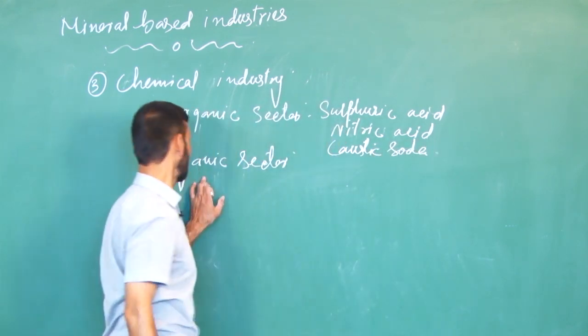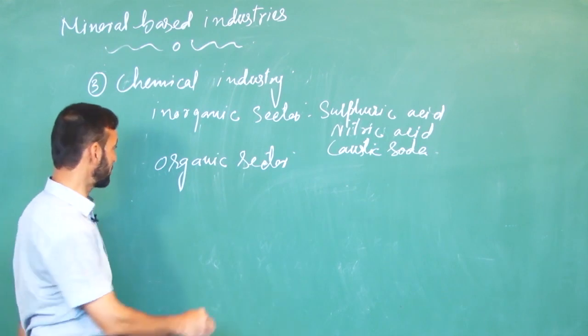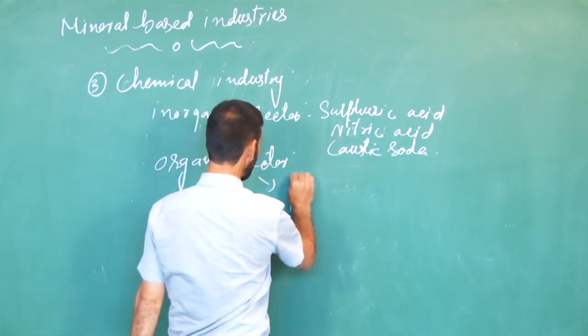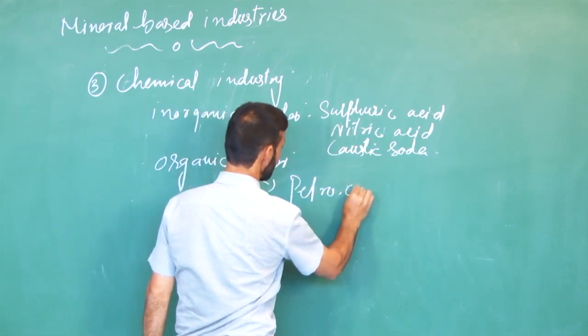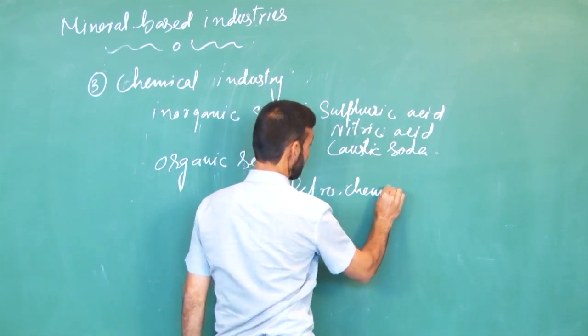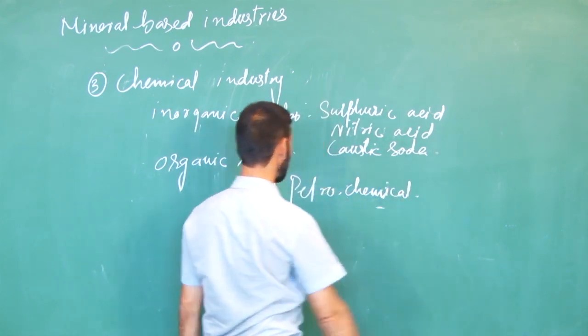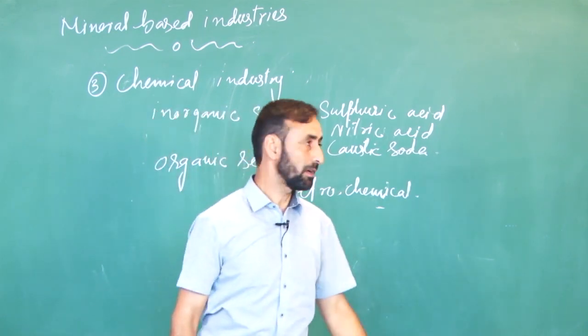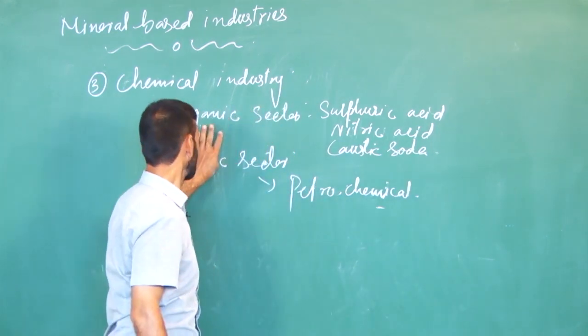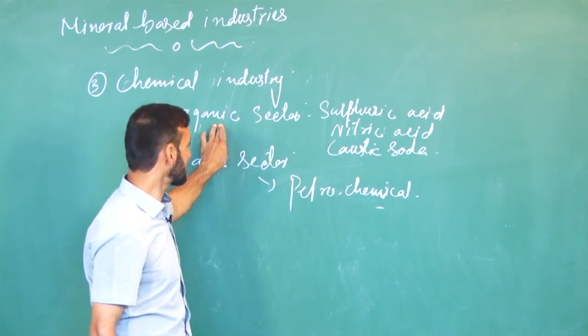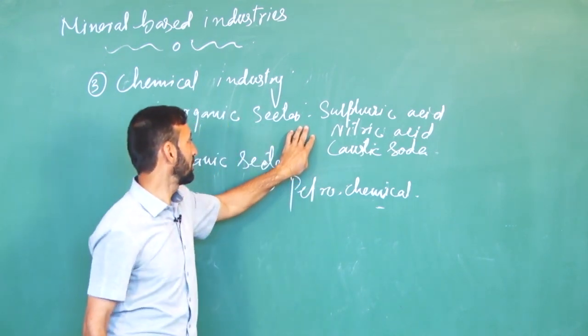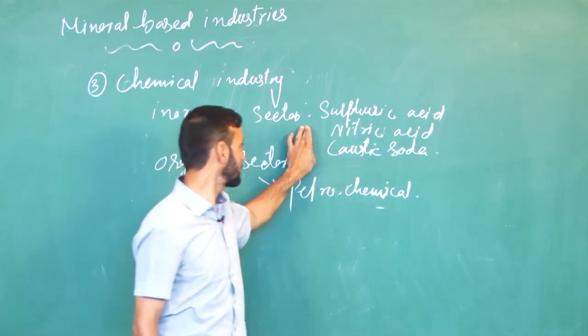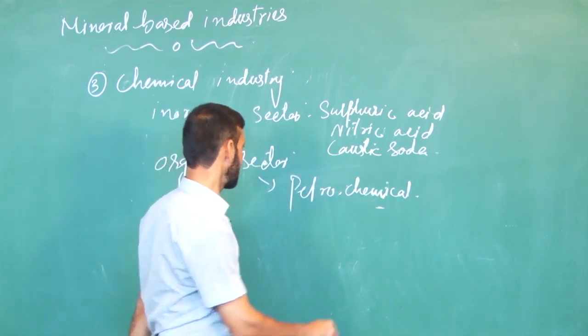In the organic sector, we obtain particularly petrochemicals, because there is more need of chemicals in present day life. This industry has much more demand, because basic chemicals are added to other chemicals, and new chemicals are formed.